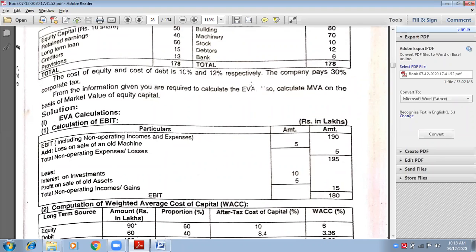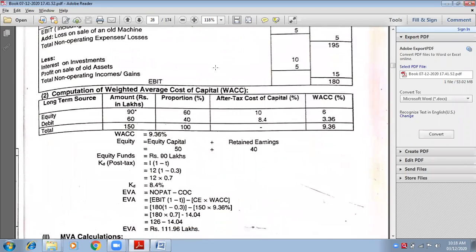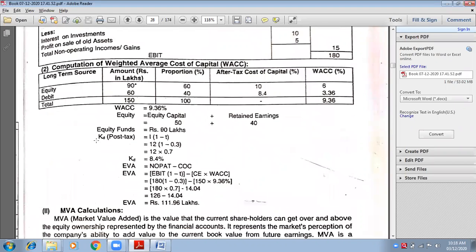So KD (1 minus T). The formula has to be applied. KD should be after tax. KD means cost of debt, borrowed funds, debentures, bank loan.